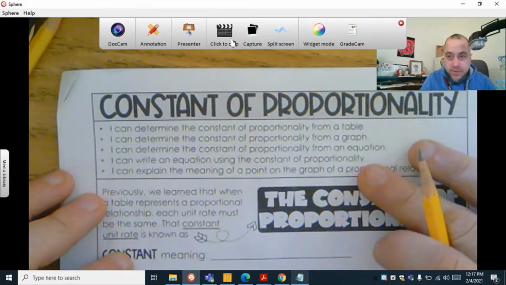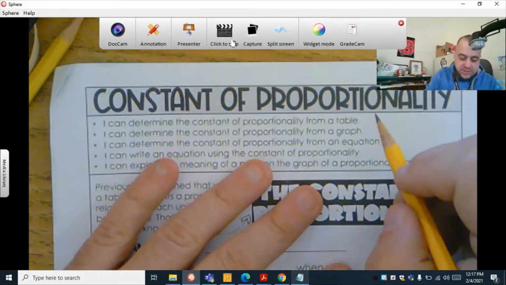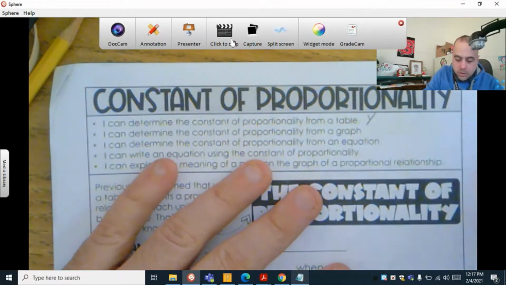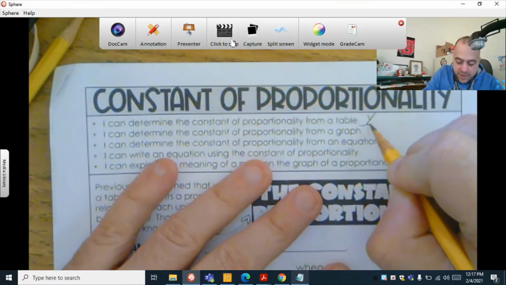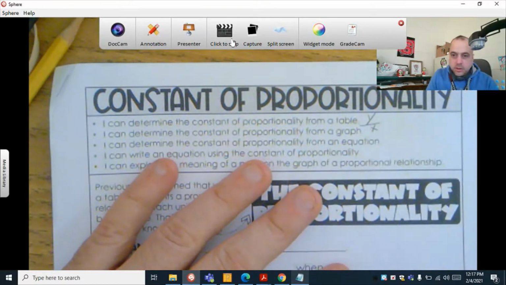We're going to go over this in more detail later, but what this means is you're going to take the y value and divide it by the x value to do this one, okay? So you can write that down maybe a little smaller than I did.